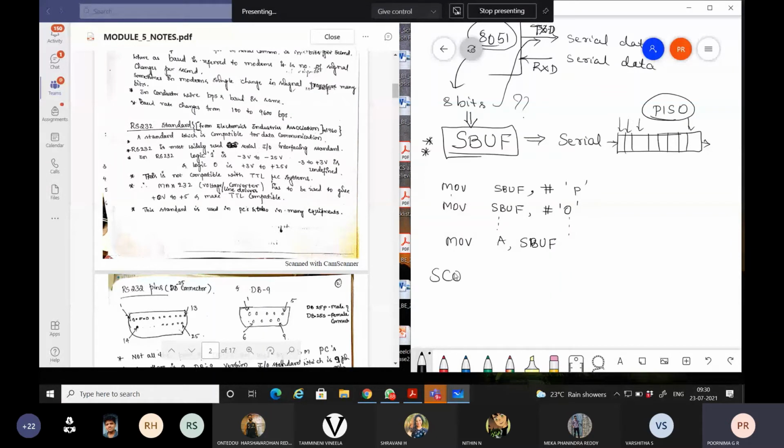This SCON register is a register which supports serial communication. It is an 8-bit special function register, which supports especially serial communication.